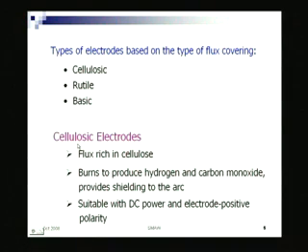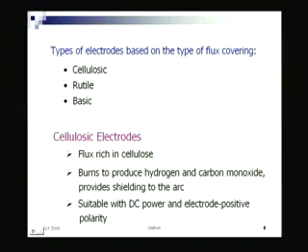Anyway, we find the cellulosic electrode, because of its organic compound, is primarily based on carbon. So, it produces carbon monoxide as well as hydrocarbons, which decompose and form hydrogen, which provides shielding to the arc. These are suitable with DC power and electrode positive polarity. So, if you are using cellulosic electrodes, they are suitable for use with DC power.